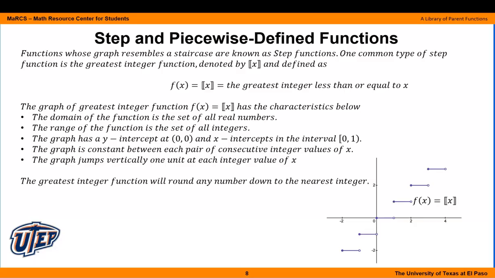Some examples include the floor of 2.7 is 2, the floor of 1.2 is 1, the floor of negative 1.2 is negative 2. It's important to remember that this is not rounding. It always rounds down. Some important features of the graph include that it looks like steps. It's flat between integers, and it also jumps at each integer.